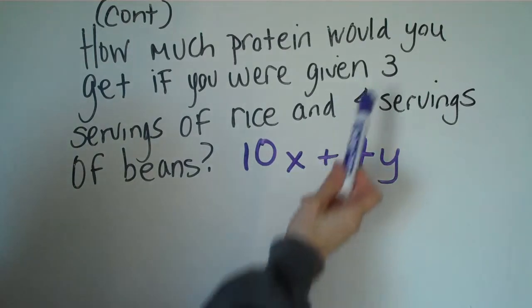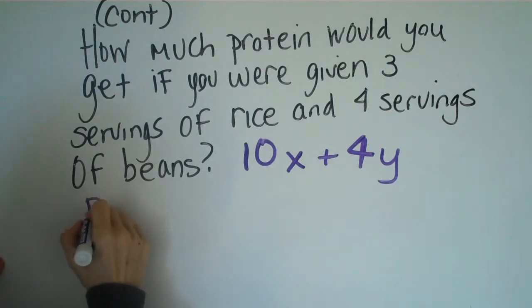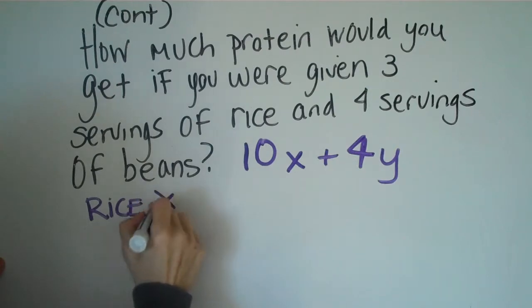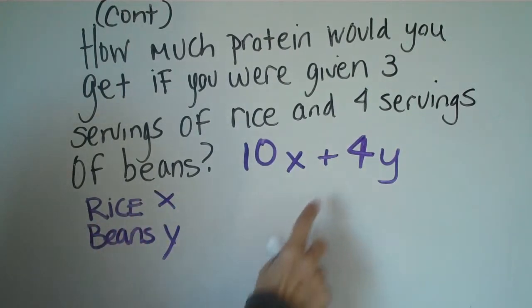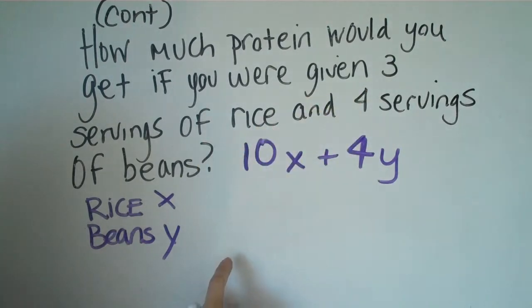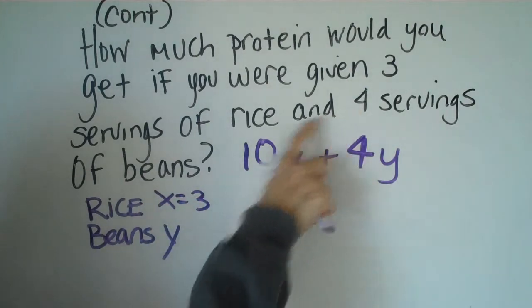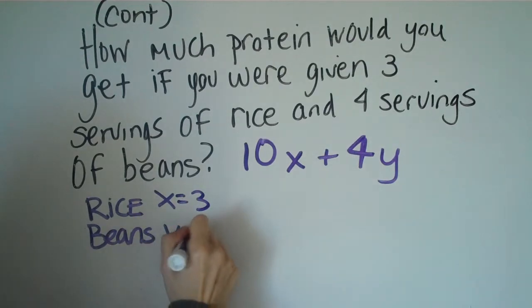Well, in the last slide, we said our rice was the X, and our beans, you could just look at your notes, is the Y. So if we're given 3 servings of rice, X equals 3. And if we're given 4 servings of beans, Y equals 4.